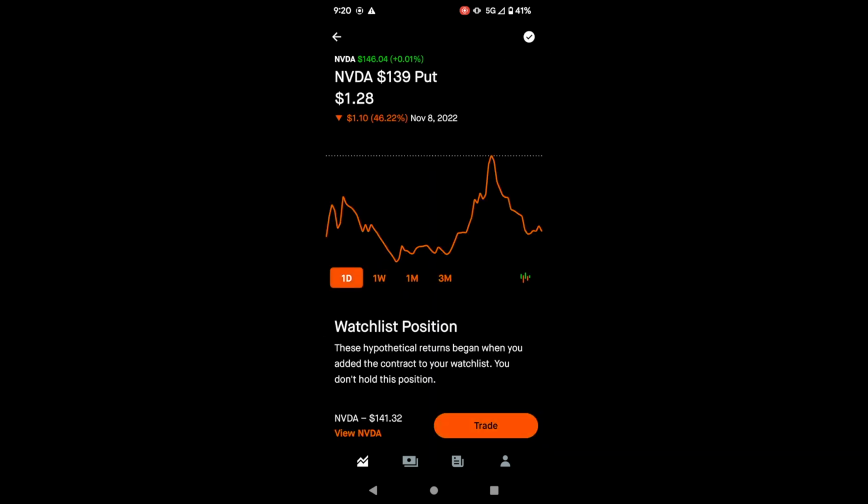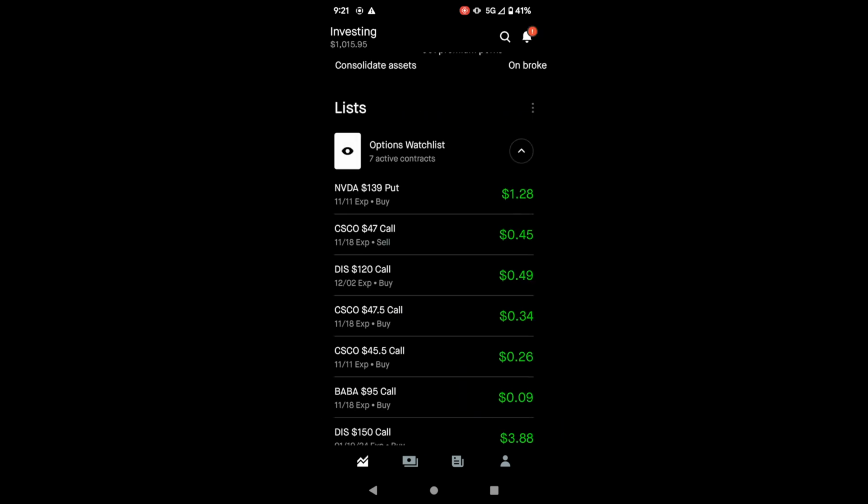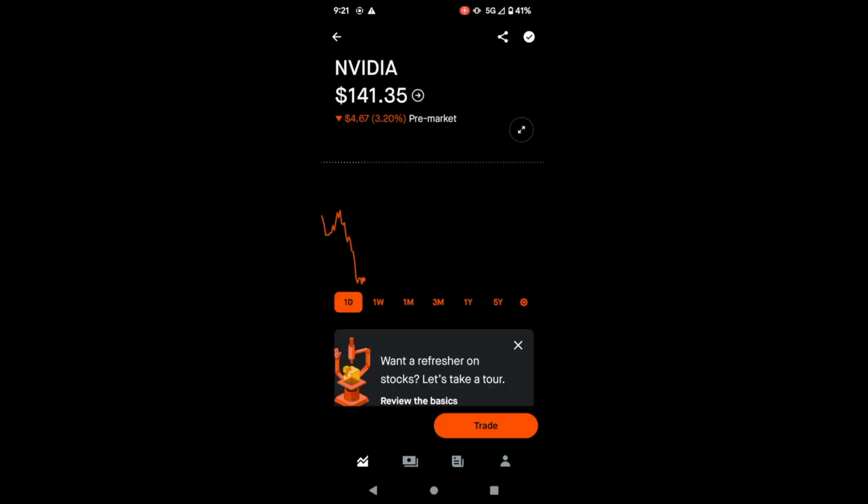All right, so here we are 10 minutes before market open. And we can actually see that NVIDIA is doing what the indicator predicted it would do. And with this latest update to the price, we're almost down $5 or 5 points.